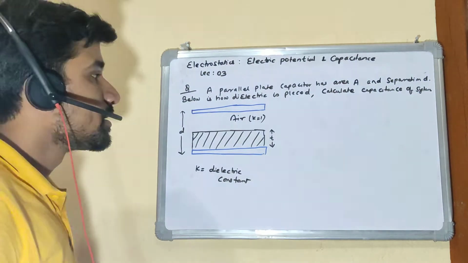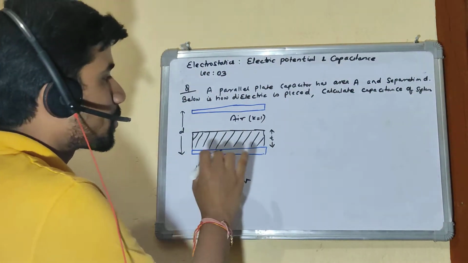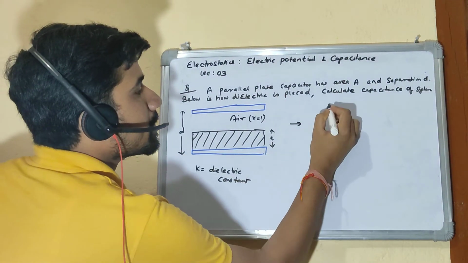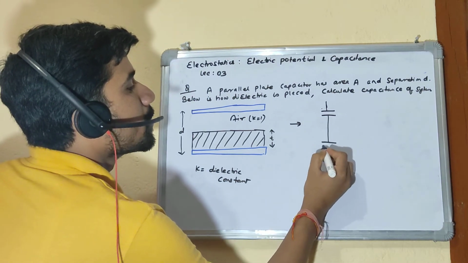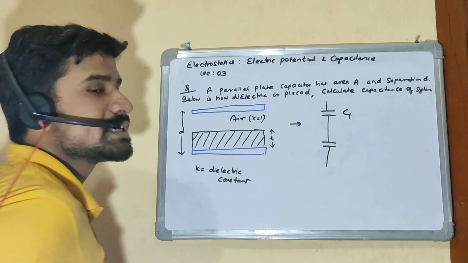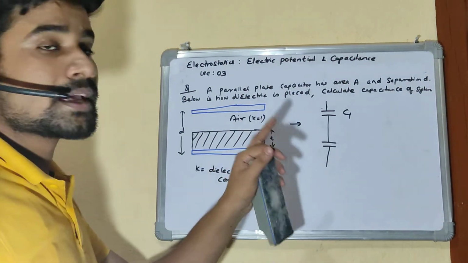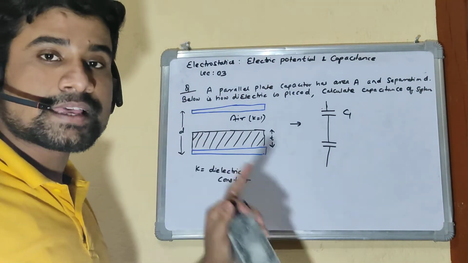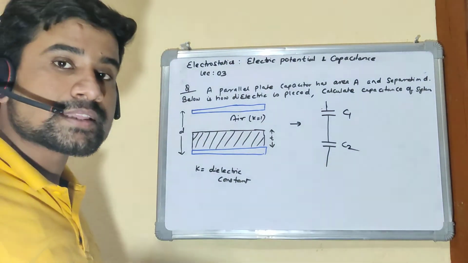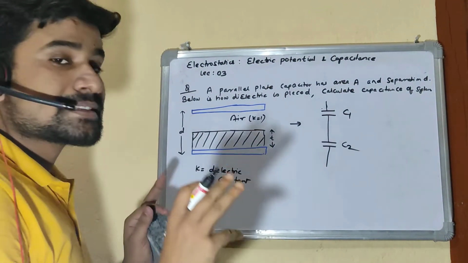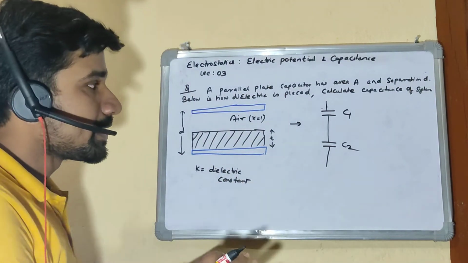So if I break this problem, I have one capacitor with capacitance C1 which has air as dielectric, and another capacitor C2 which has dielectric constant K in between.